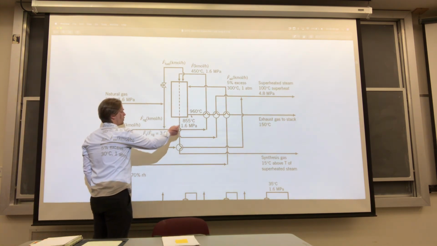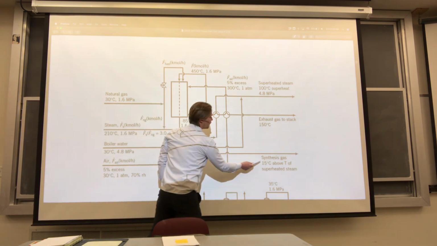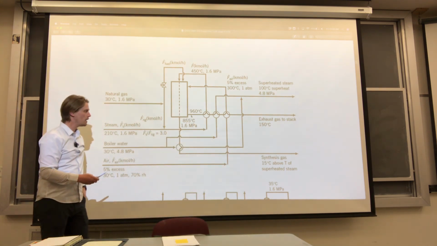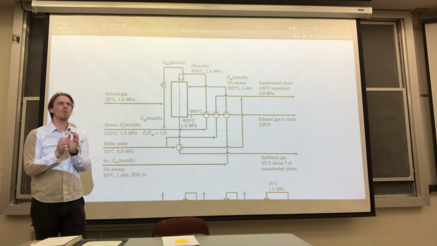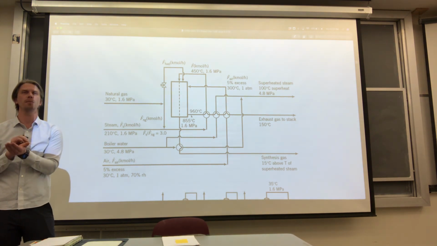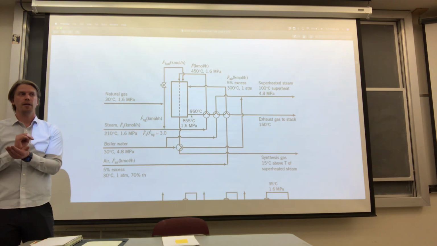So then this steam reforming reactor material gets cooled down to 15 degrees above the temperature of the superheated steam. Okay? Let me explain a little bit about heat exchangers. When we talked about flame temperatures, we talked about the importance of not just the energy, but the temperature as well. The second law of thermodynamics says that as the temperature goes up, the entropy goes up. And what that means, if you work out all the fun math, is that heat only flows from hot to cold.